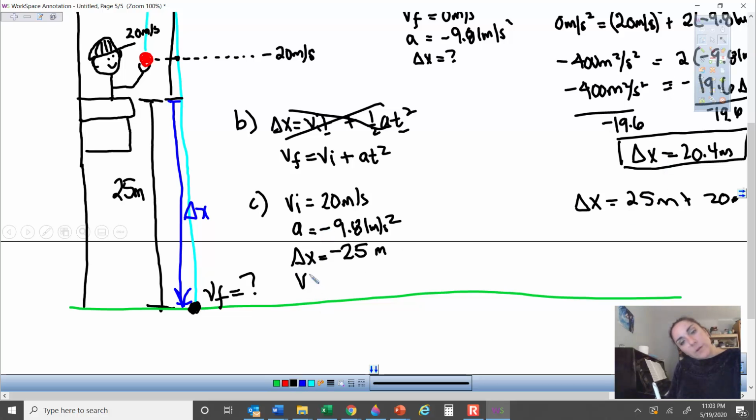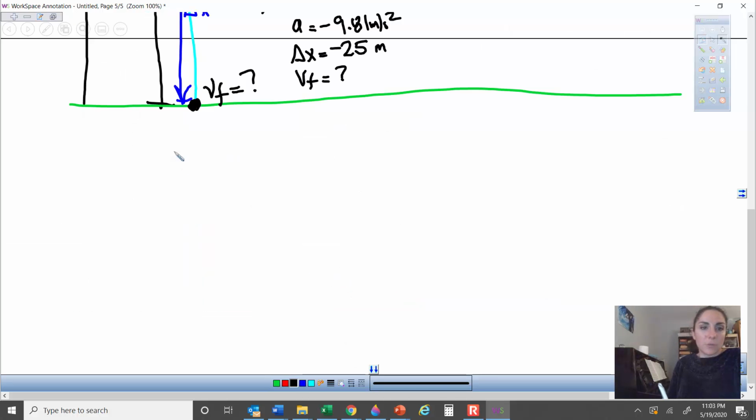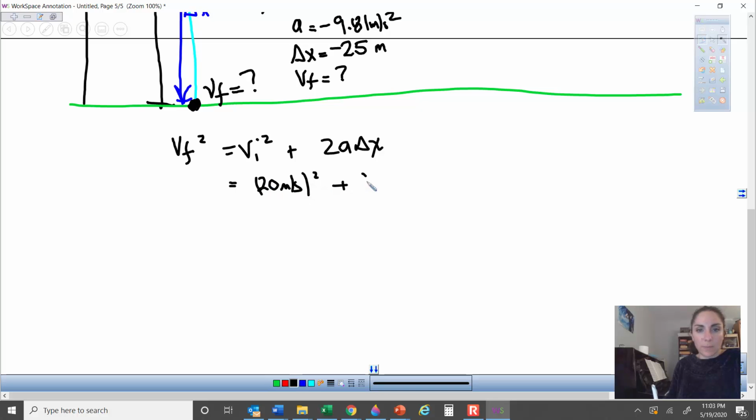What am I solving for? Final velocity. There we go. With C, I can solve for final velocity using this. The initial velocity is 20, and delta x is negative 25. Many people get hung up on that, which is tricky.